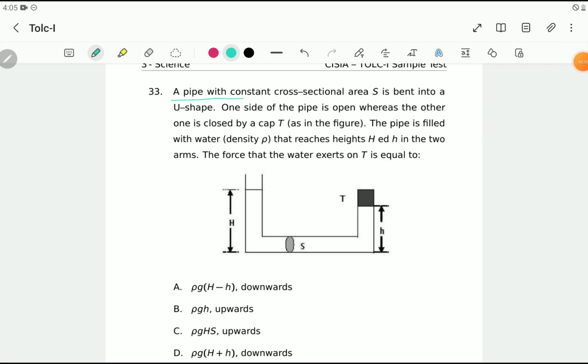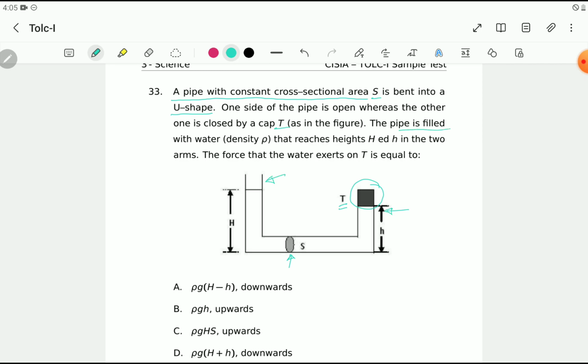A pipe with constant cross-sectional area S is bent into a U shape. Let's take a look here. This is a pipe and it has a cross section S. One side of the pipe is open whereas the other one is closed by the cap T. So this is the cap T. This side is closed by this cap and the other side is open.